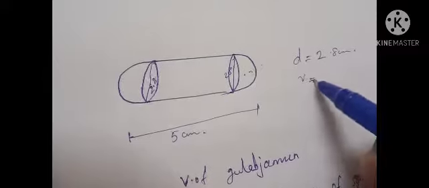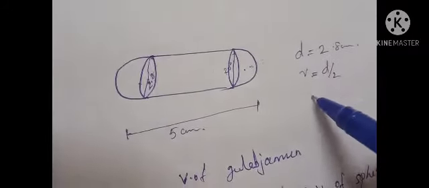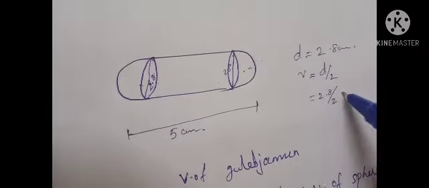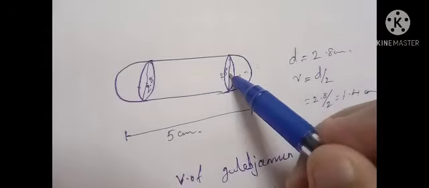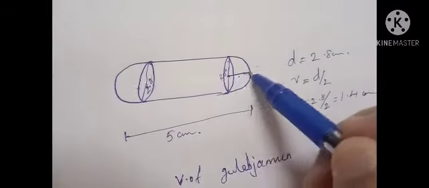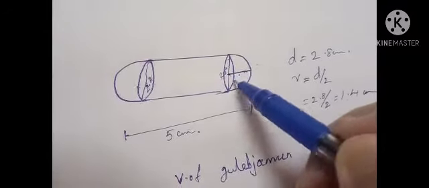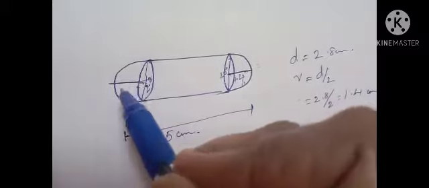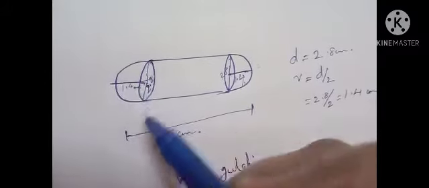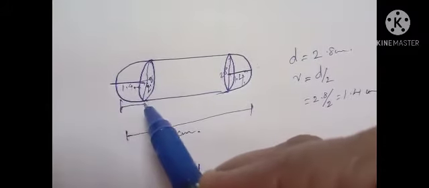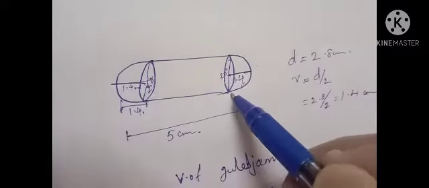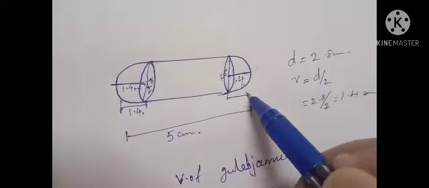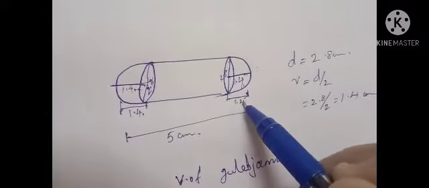So we have to find the radius, that is d by 2 equal 2.8 by 2 equal 1.4. Right? So from here to here this length will be 1.4, and from here to here it is also 1.4.